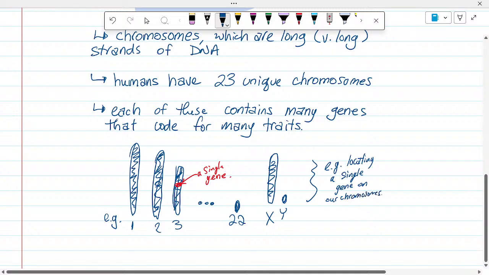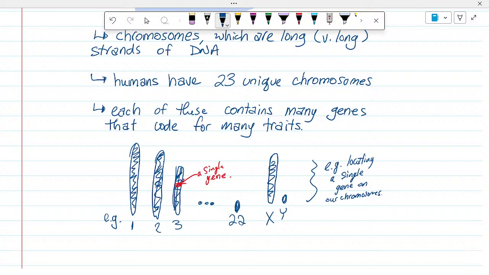Now, not all animals have 23 chromosomes. But of course, we said you have 23 chromosomes, but what else do we know? We get our DNA twice. We get it once from your paternal lineage, in other words your father, and once from your maternal lineage, which is of course your mother.